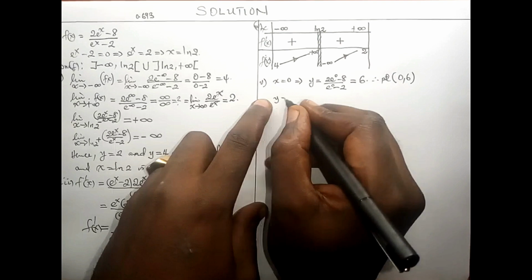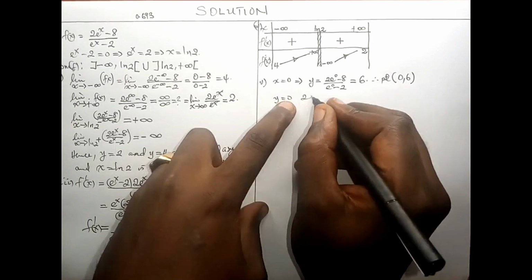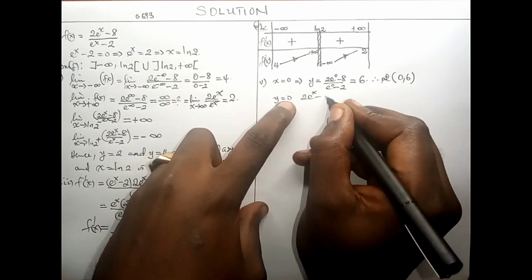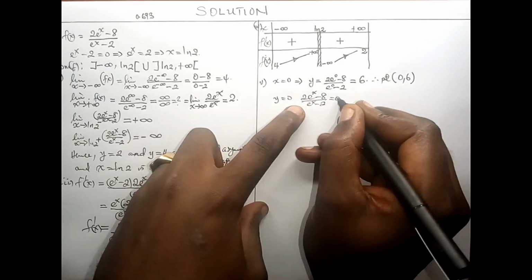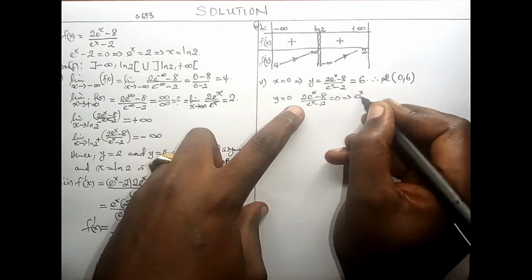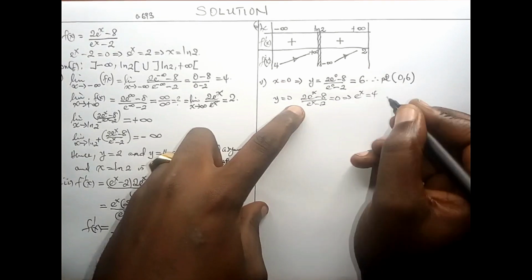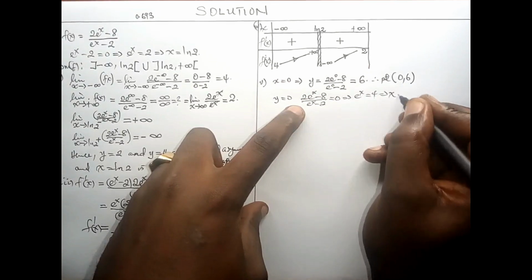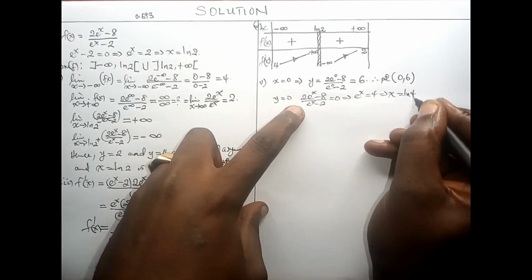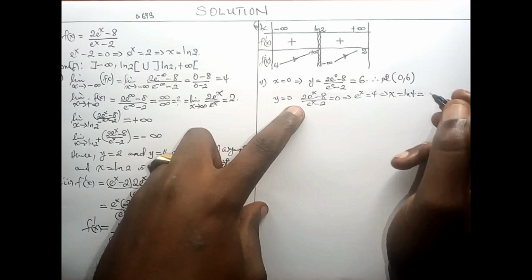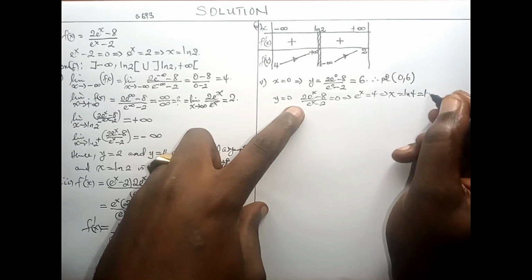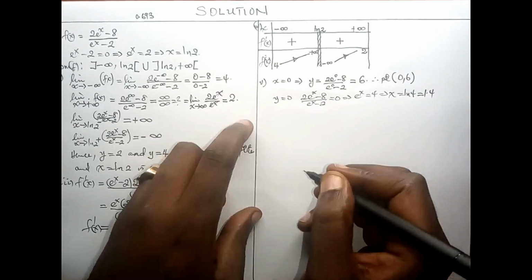When y equals 0, which is f of x, 2e to the x minus 8 all over e to the x minus 2 should be 0. That implies that e to the x would be 4. And so x would be ln 4, which is approximately 1.4.